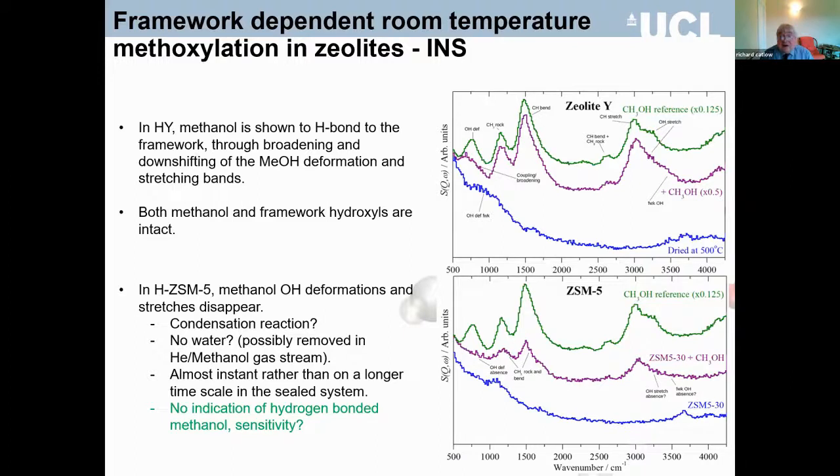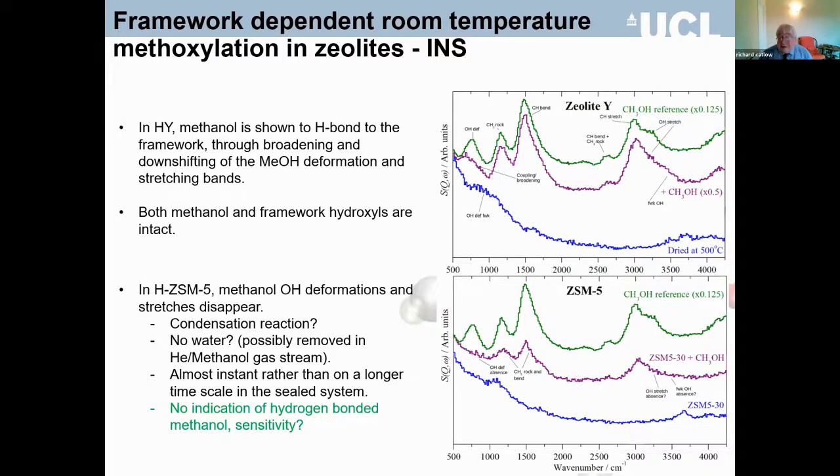There's a feature that you assign to the OH deformation mode. That has been blurred a bit, but it's still there. That is almost certainly because the methanol is hydrogen bonding to the Bronsted site in the zeolite. And there's separate evidence that methanol forms hydrogen bonds with these Bronsted sites. But the methanol is still intact.